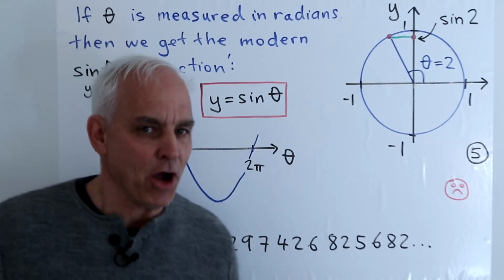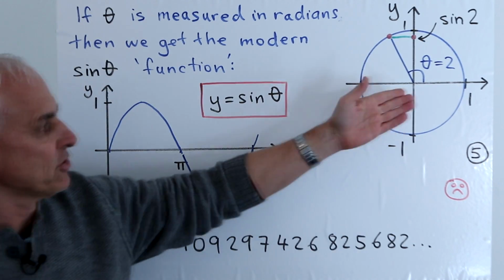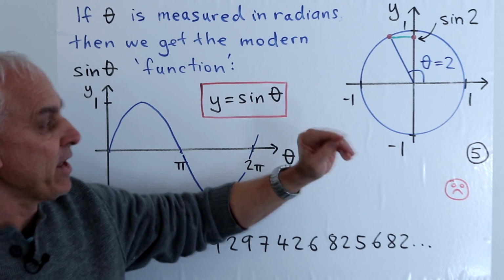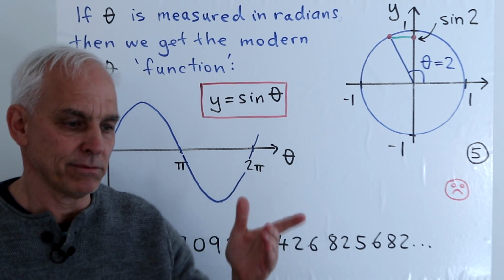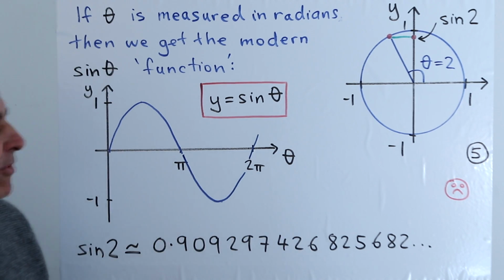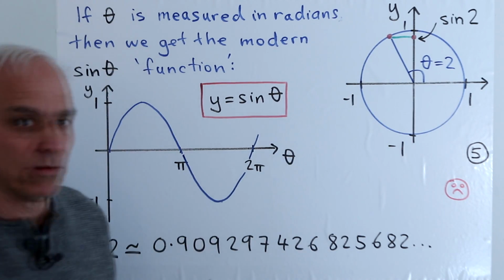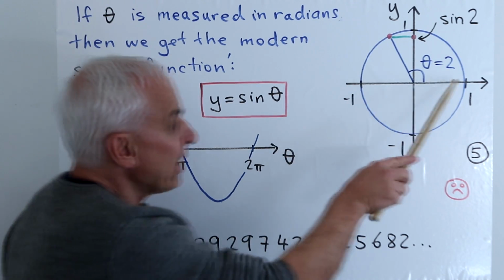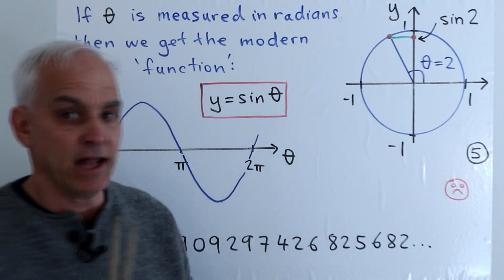All right, so to carry on with our story about radians and circular functions, here's our unit circle again, and we're thinking now of having a radian measure. So we're going to assume that we have a radian measure temporarily. So what actually happens? So here is a point. There is an angle of theta equals 2. What does that mean? It means that this length here, this circular arc, is supposedly of length 2.